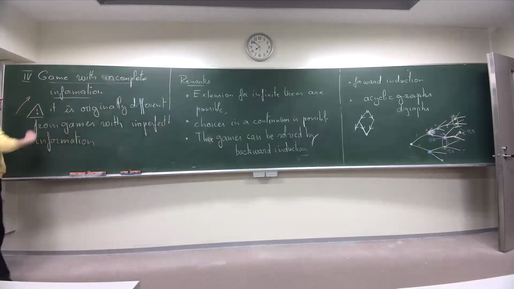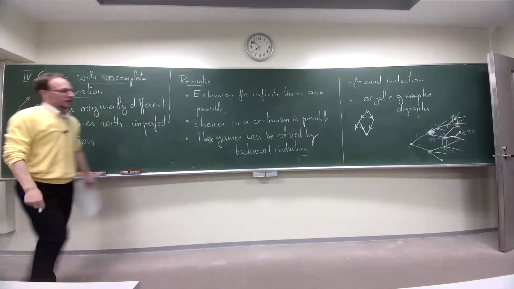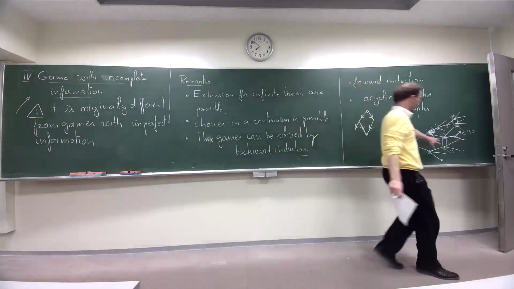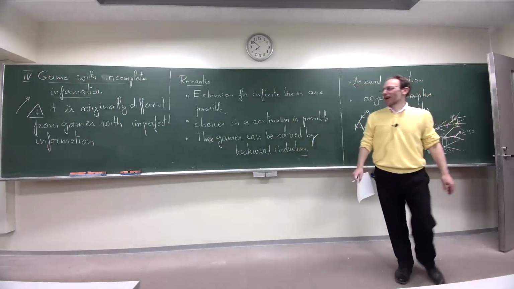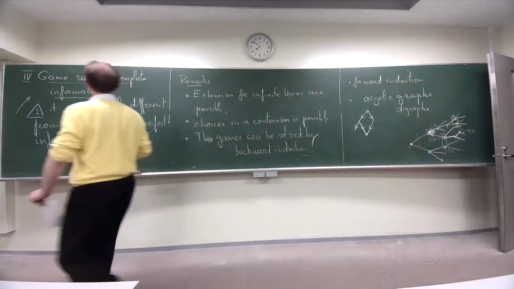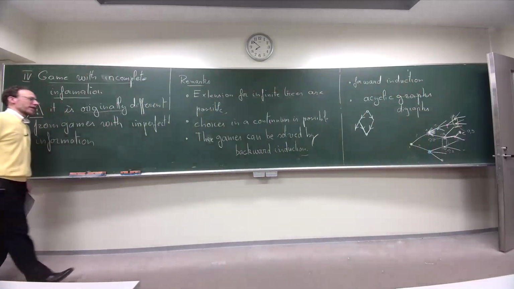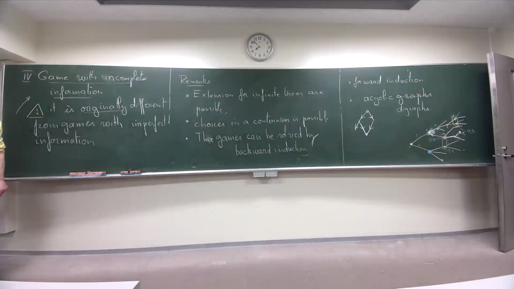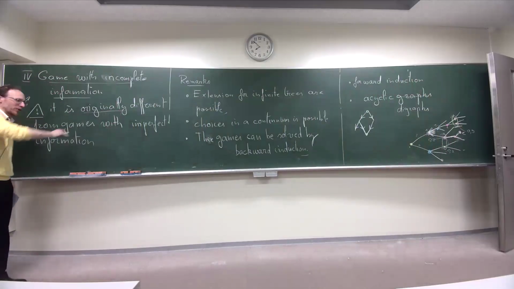Imperfect information is what we have seen. Why do I write this? Because the way they are introduced, it's not the same thing. But at the end of the day, we can reduce incomplete information into imperfect information.